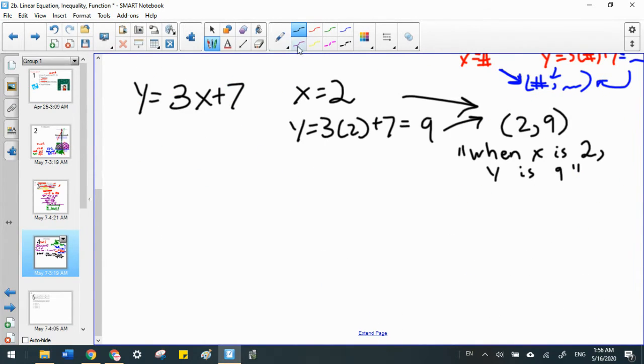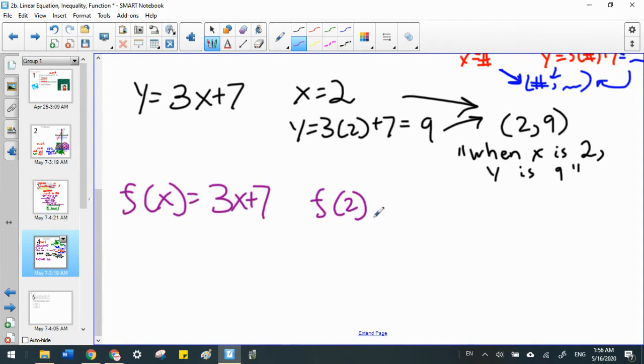And as a function, I would write it like this, where they're always going to give you a formula, and then when they say f of 2, that is going to be me taking the function, and every time x shows up, I replace it with 2, and then I get this.